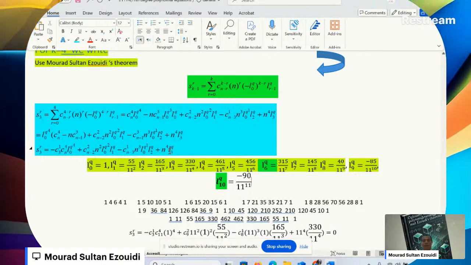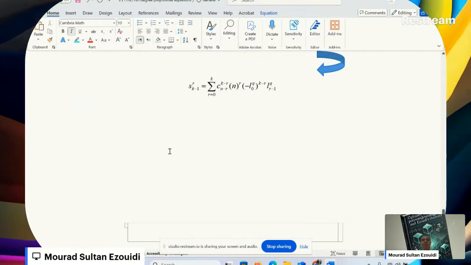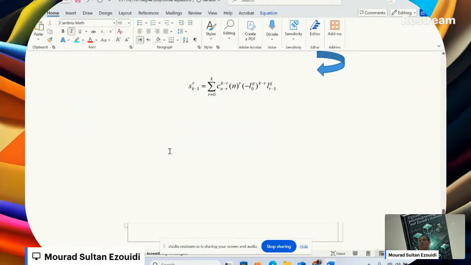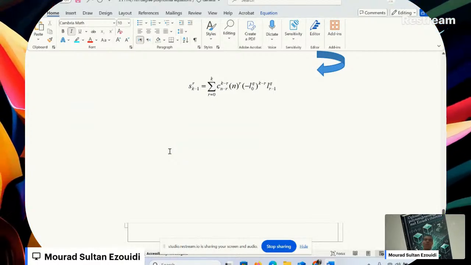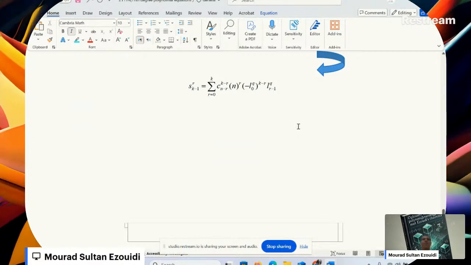So we continue. Here we dive into the structure and replace k with 4 to obtain S3. We calculate S3, and we find that it is in fact equal to 0. We continue.